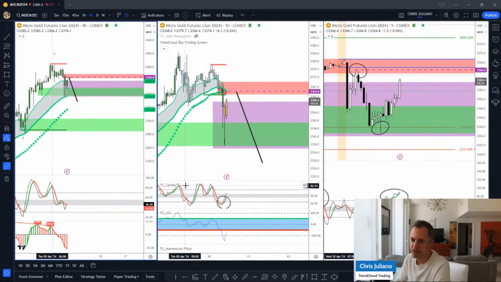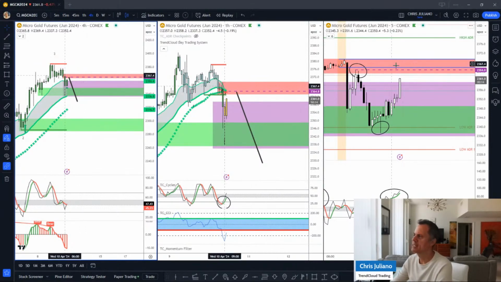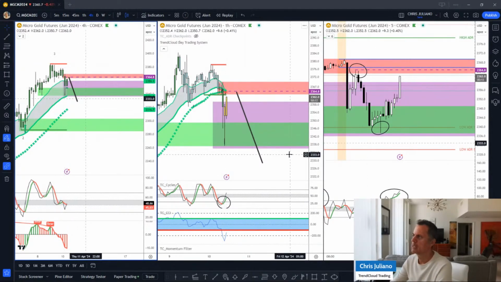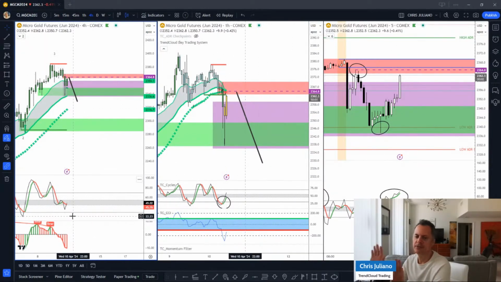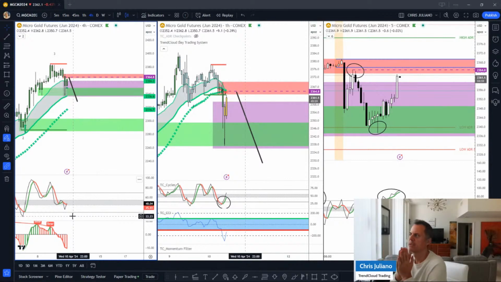So this is one of those things where, well, why don't we take this trade short? Well, because that high time frame is in an uptrend, right? And we need the trend and momentum to be in alignment with each other.